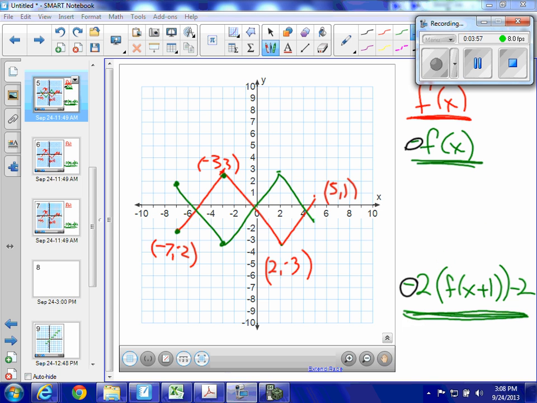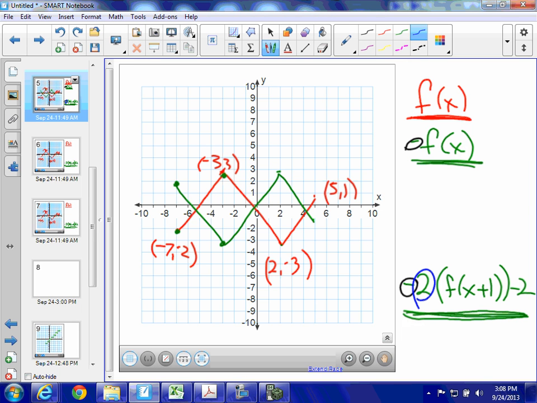Let's take a look at the next stage of the transformation, which is the 2. So I want to now graph negative 2 times f of x. Well, I've already taken care of the negative sign in my first transformation right here by flipping it upside down. Now I'm concerned with the 2.